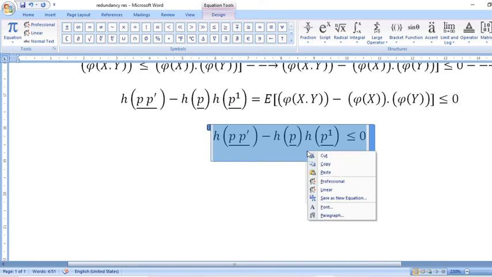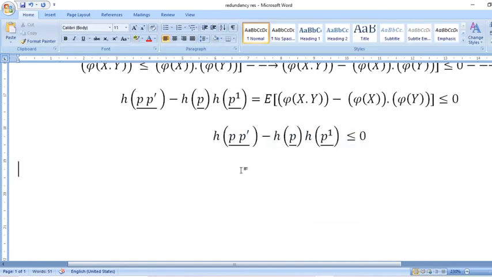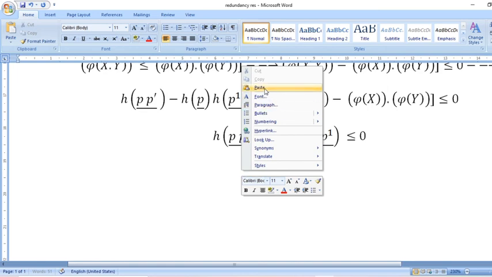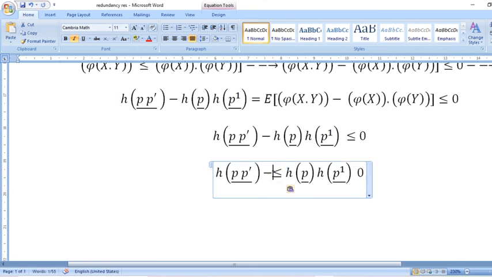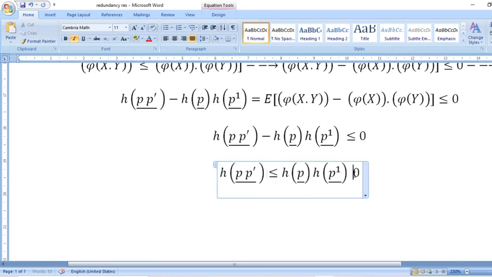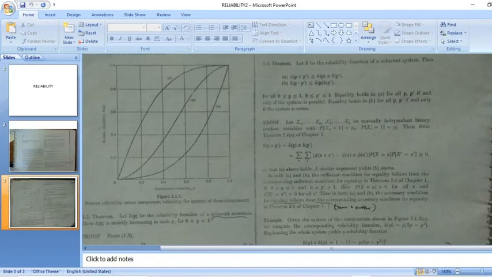That implies this is less than or equal to, right. So this is the result, the second result. H of p into p dash is less than or equal to h of p into h of p dash. Okay.